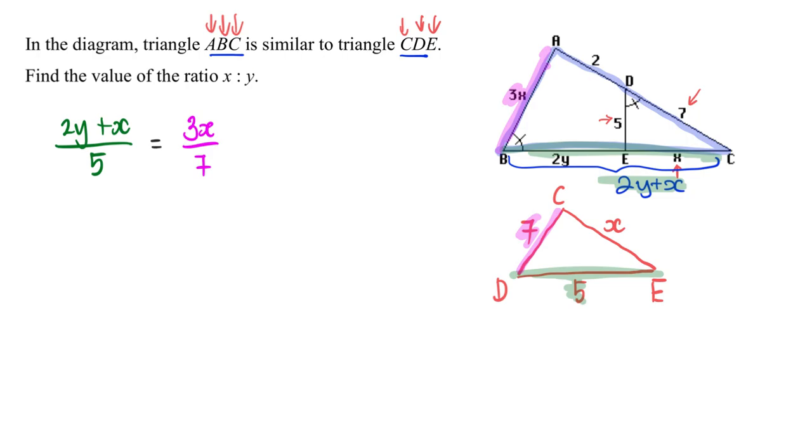So with this, I would then be able to find the ratio of x over y by doing some algebraic manipulation. Okay? So I'm going to get started. And I'm going to make sure that I times 5 and 7 on both sides, so that the next line will be this. And I continue to expand and simplify.